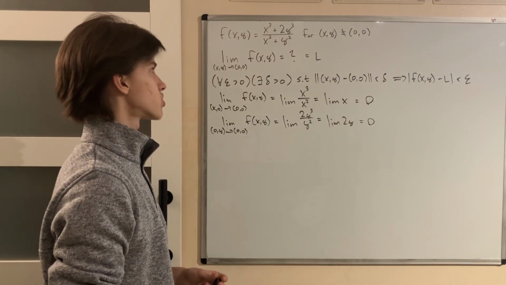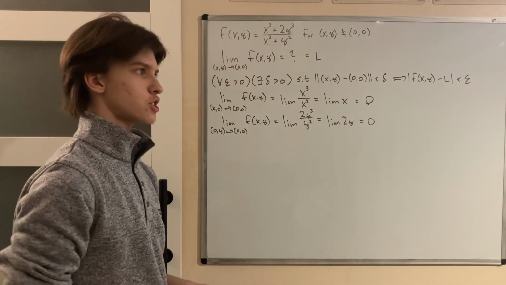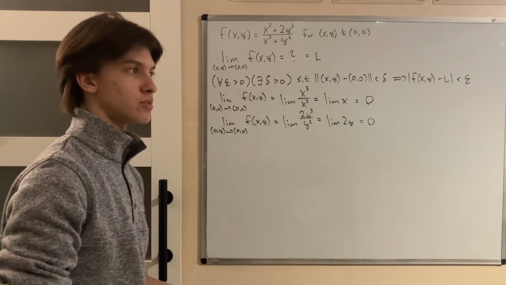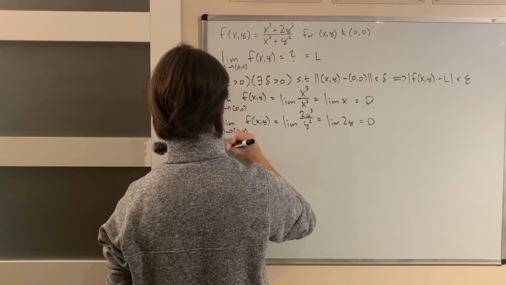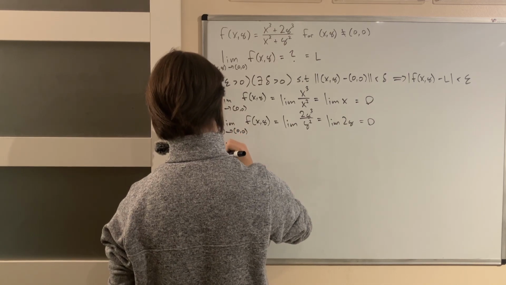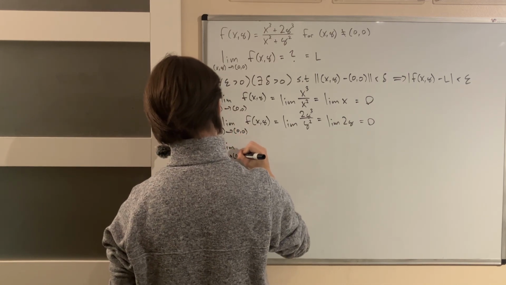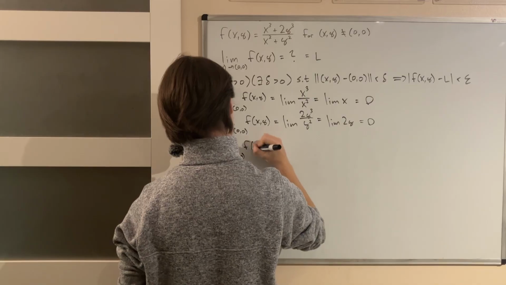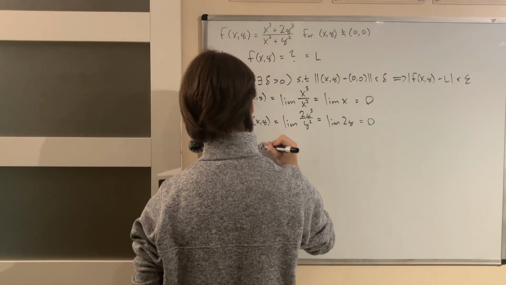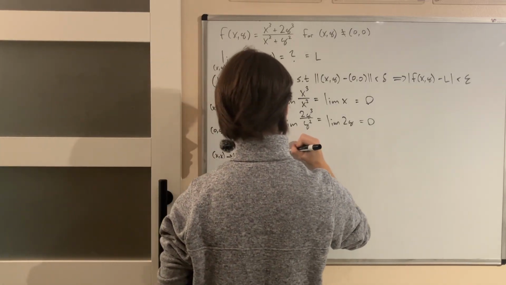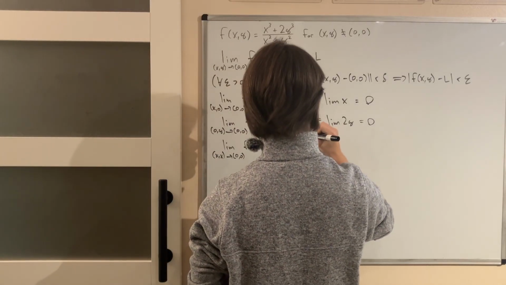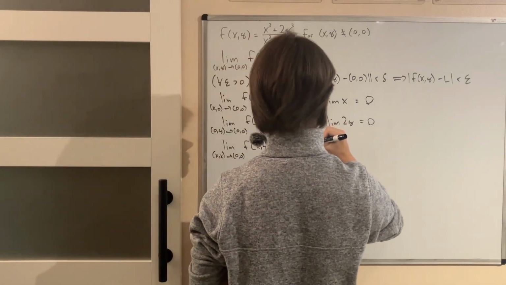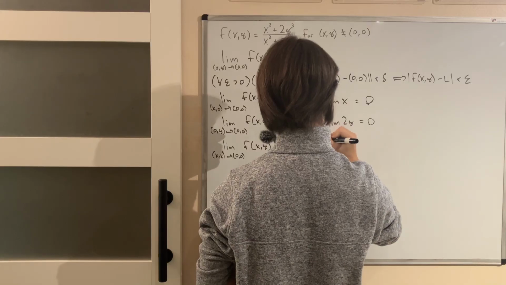Can we find some counter example? Let's try moving along a line, for example, along the line y equals x. So the limit as (x, y) approaches (0, 0) of this function. Along a line, this becomes the limit where we have x cubed, and we just replace y with x, so we get 2x cubed.